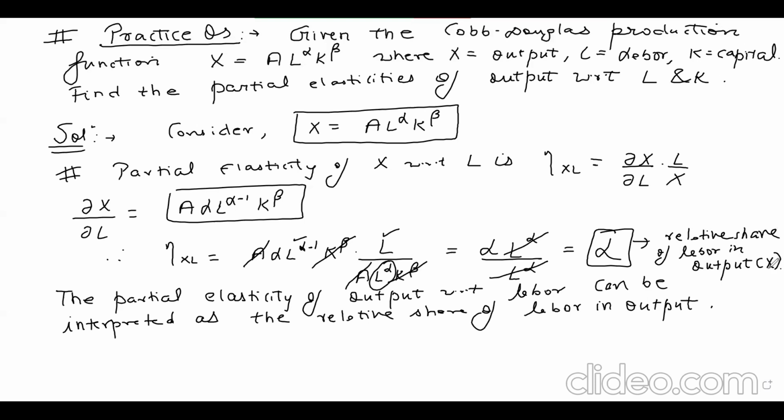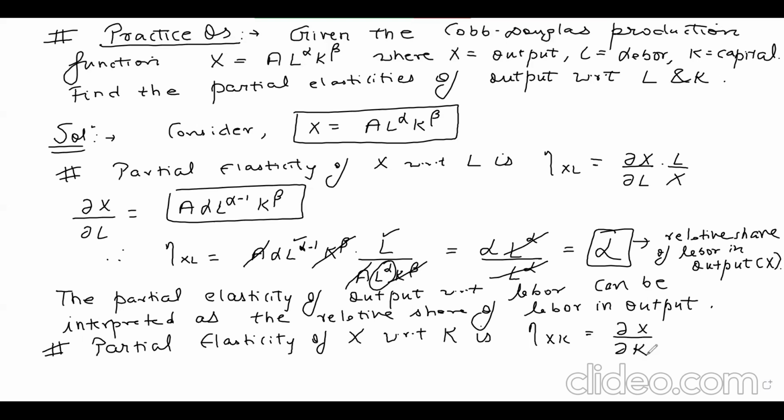Similarly, if I calculate the partial elasticity of output X with respect to capital stock K, it is given by eta XK. The formula is del X by del K times K by X. If I quickly work out del X by del K, I partially differentiate the production function with respect to K, treating L as a constant.